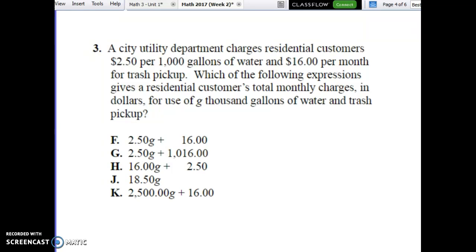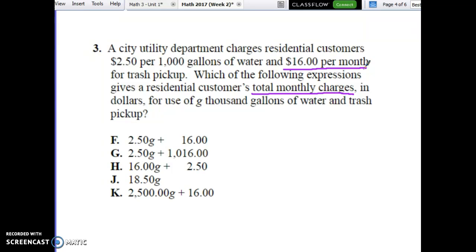So since you're looking for a total monthly charge, I'm going to start here because the customer is charged $16 per month for trash pickup. That doesn't depend upon how much trash they have. That's just a flat $16 fee per month.